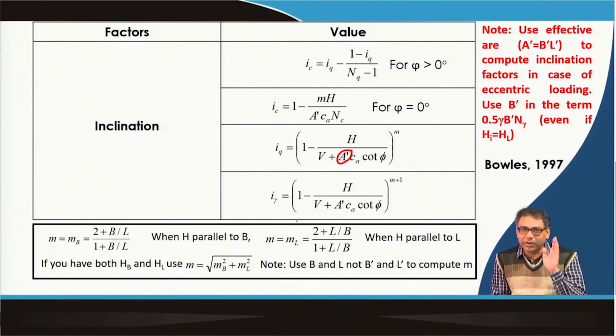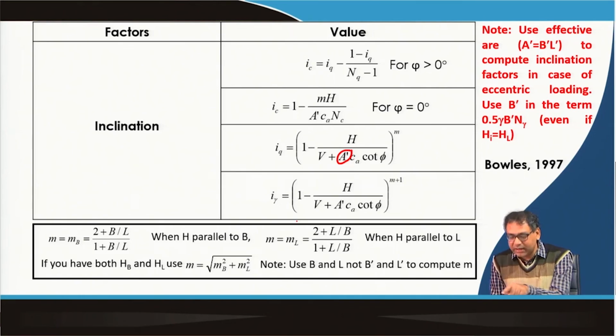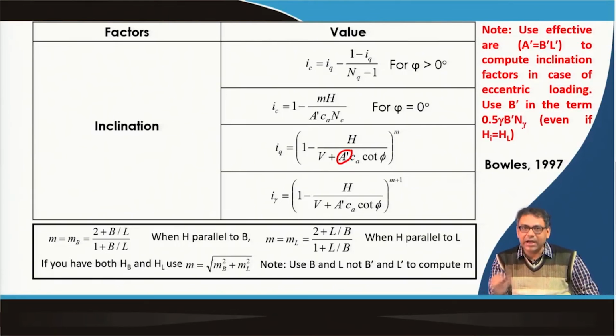That means when you calculate depth factor and shape factor, as per Vesic, use B and L. When you calculate M, use B and L, but when you use this A, you use the effective area. And in the third term of the equation, you use B dash. So this is the difference.